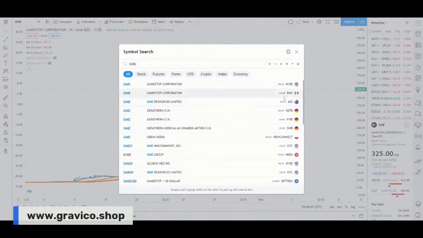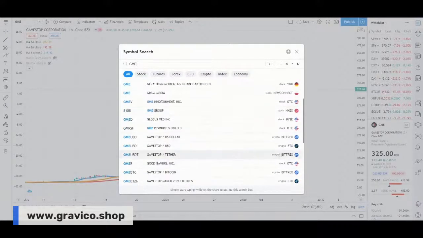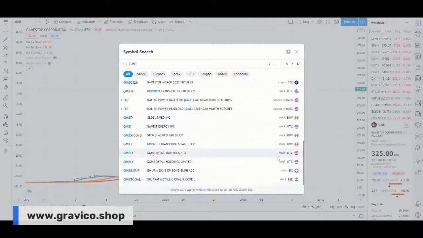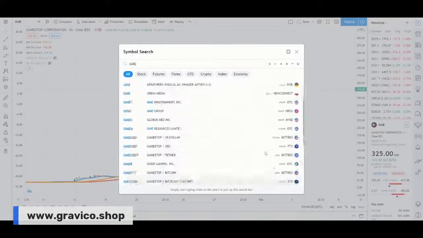You can trade and buy these stocks in Bittrex, OTC, OKEX, FTX. Robinhood is not even mentioned here. Why?